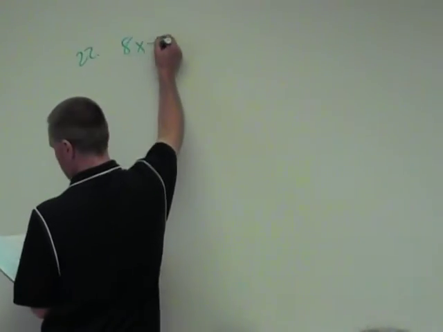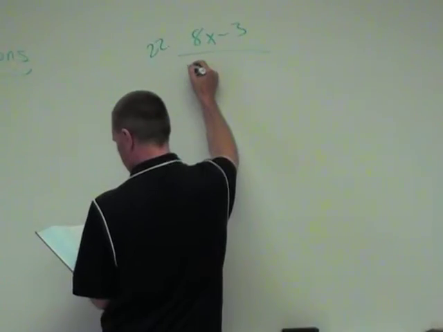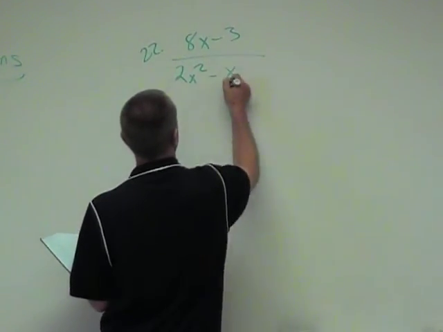Okay, let's see. I'll pick a good one. This is number 22. 8x minus 3 over 2x squared minus x.